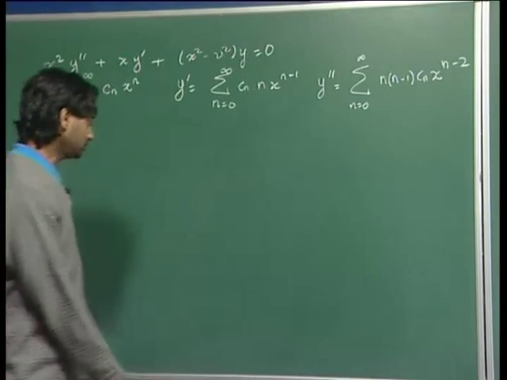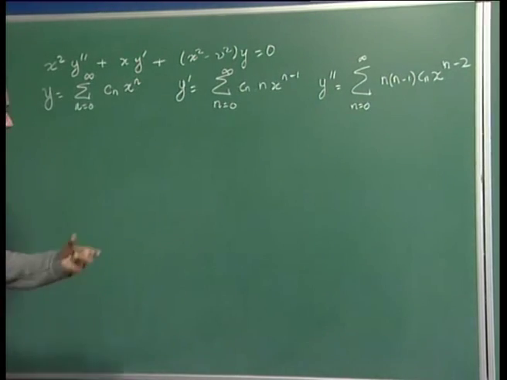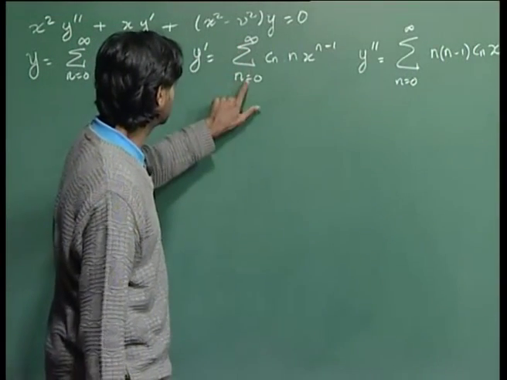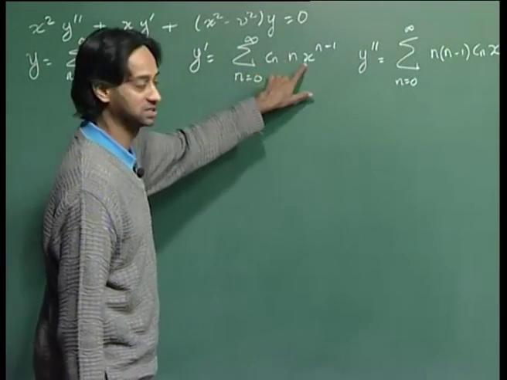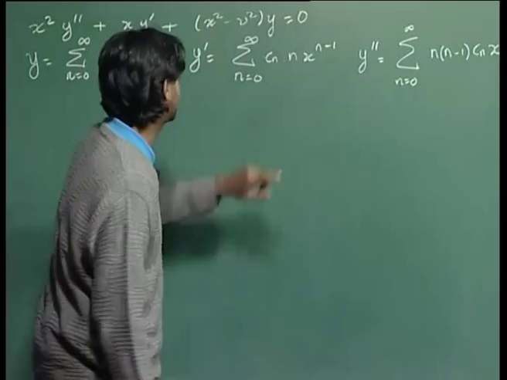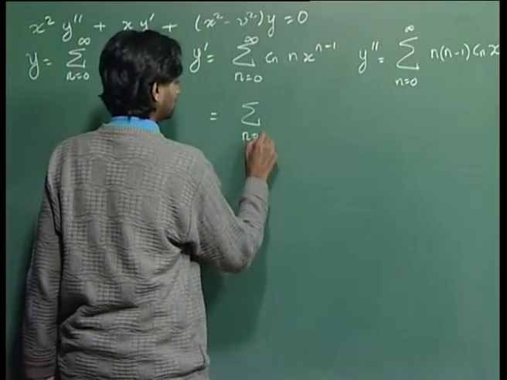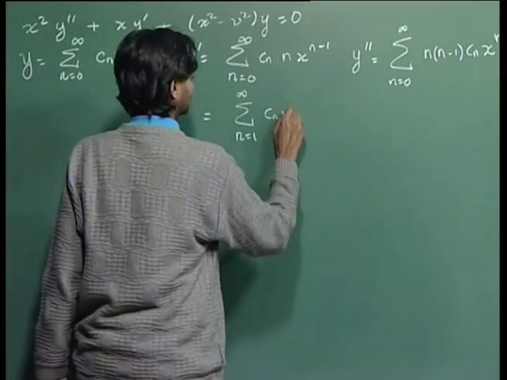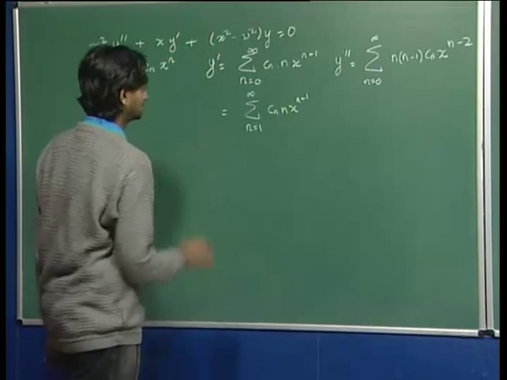Now before I substitute this, I want to mention one thing. In the sum from n equal to 0 to infinity, when n is equal to 0, this term is 0 because it is multiplied by n. So, the non-zero terms start from n equal to 1, and it is identically equal to this.